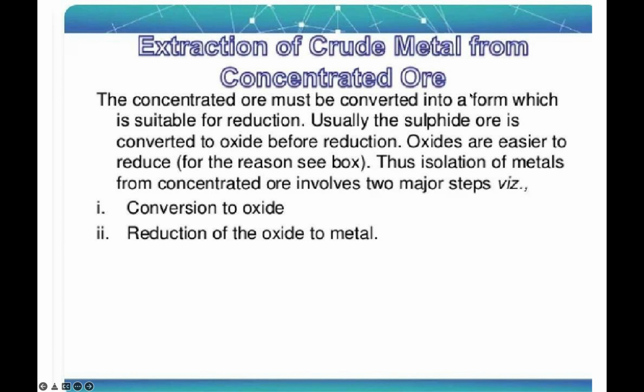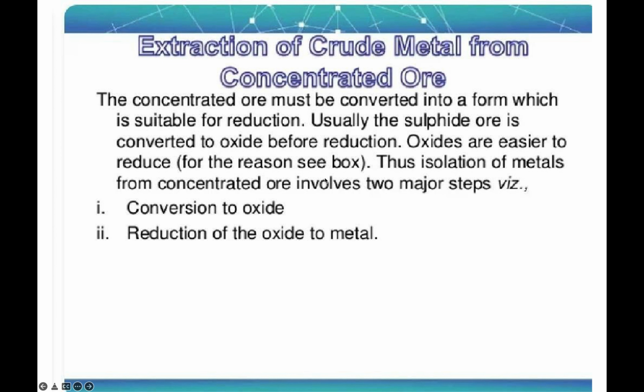Okay, now the next important process is conversion to oxide. After froth flotation we have the extraction of crude metal from concentrated ore. The concentrated ore should first be converted into a form which is suitable for reduction. That is a very important step. Most of you tend to forget this step, because straight away from the concentrated ore we cannot get the metal. Firstly you have to reduce it. So usually the sulfide ore is converted to oxide.